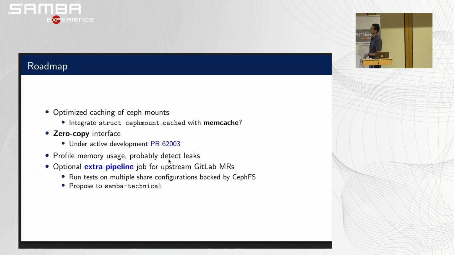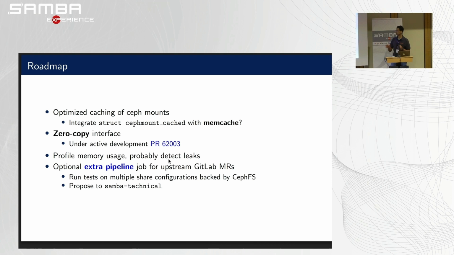Yes, and a few points to be looked at for the future. We do local caching, and if the underlying file system and the user happen to be the same, and the client connection also comes through the same smbd, we use this caching. We could look at integrating it with the memcache itself.